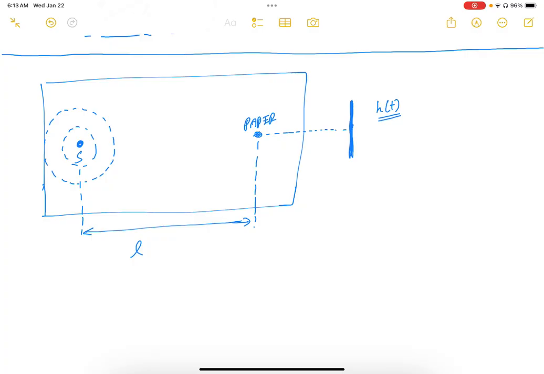And what you will find is that the amplitude, the maximum height and the minimum height that this paper goes up and down, depends on the energy, or the power, with which the stone was thrown. So if you throw the stone harder, you expect this paper would move up and down much higher. And it's also inversely proportional to the square of the length between where the paper is and where the stone was thrown.